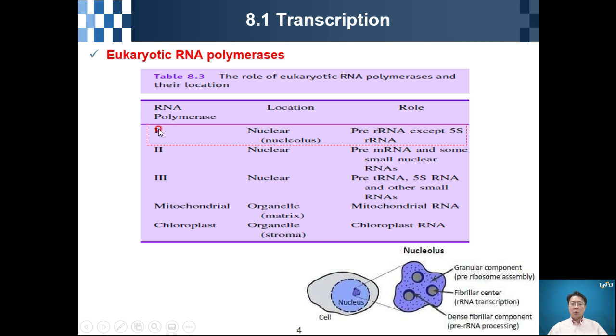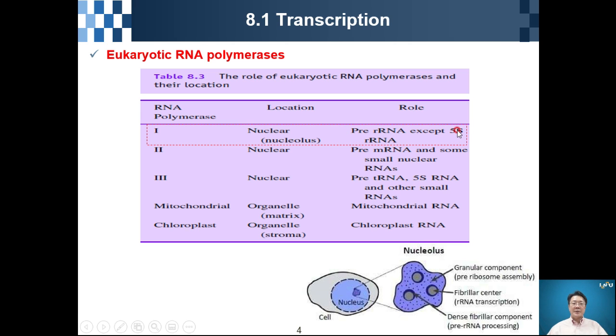RNA polymerase 1 is located within the nucleus, especially in the nucleolus. So the main function of RNA polymerase 1 is to transcribe the pre-rRNA, except for the 5S rRNA. We will see more detailed information in the next slide.